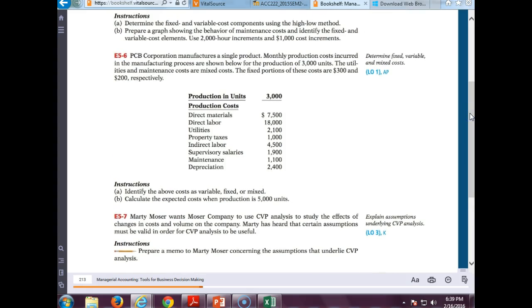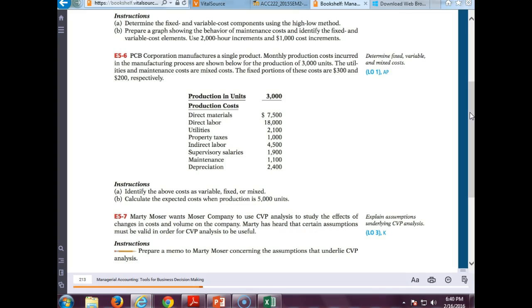Let's look at E5-6. PCB Corporation manufactures a single product. Monthly production costs incurred in its manufacturing process are shown below for the production of 3,000 units. The utilities and maintenance costs are mixed costs. The fixed portions of these costs are $300 and $200 respectively.